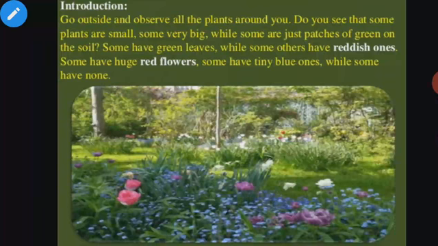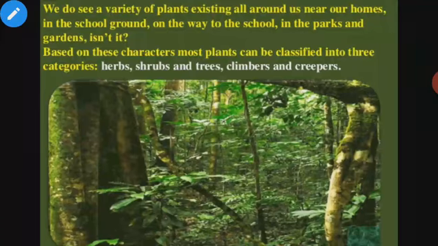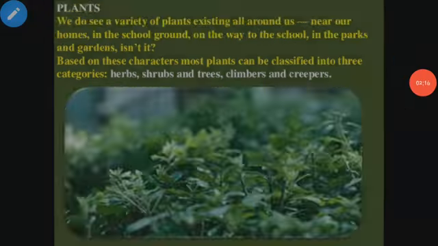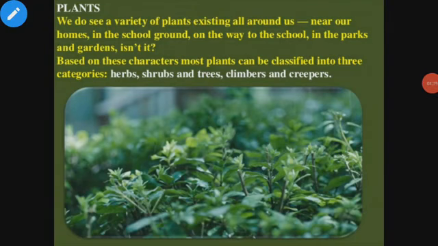We do see a variety of plants existing all around us, near our homes, in the school ground, on the way to the school, in the parks and gardens, isn't it? Based on these characteristics, most of the plants can be classified into three categories: herbs, shrubs, and trees.